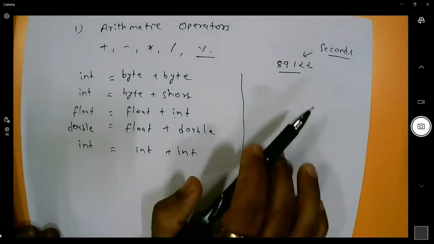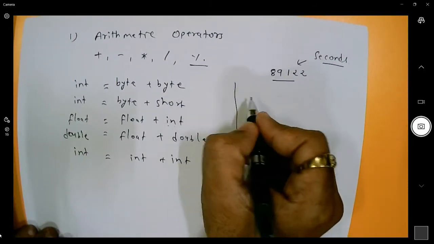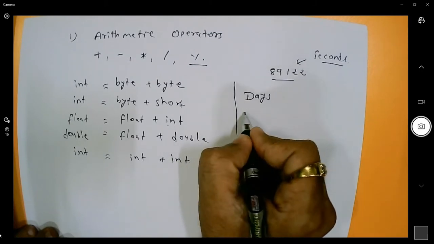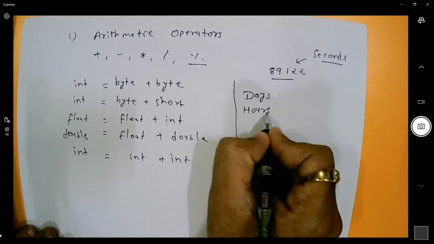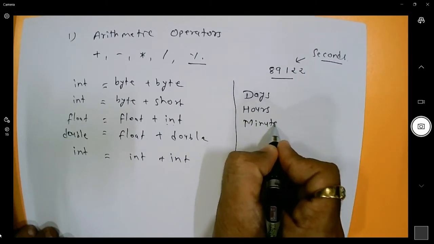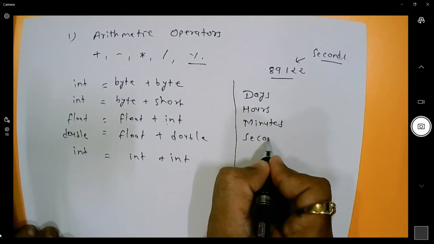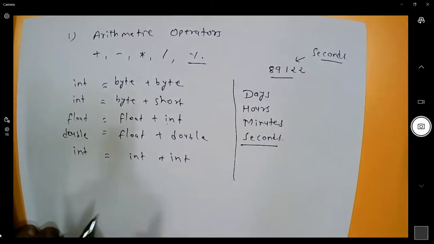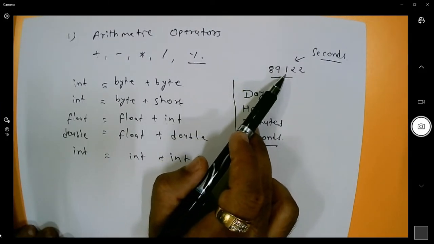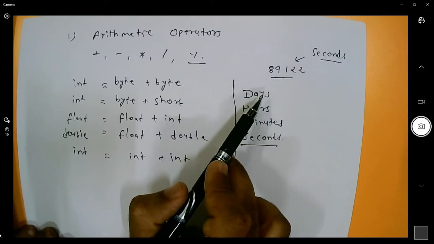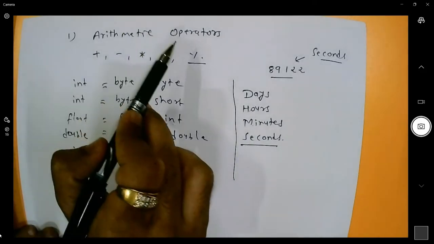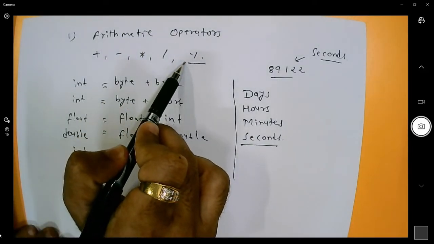Now based on the seconds, I want to calculate how many days there are, how many hours, how many minutes, and the rest, how many seconds. So this is the input, the total seconds are 89,122. Based on this, I want to calculate days, hours, minutes and seconds, which you can do using the modulus operator.